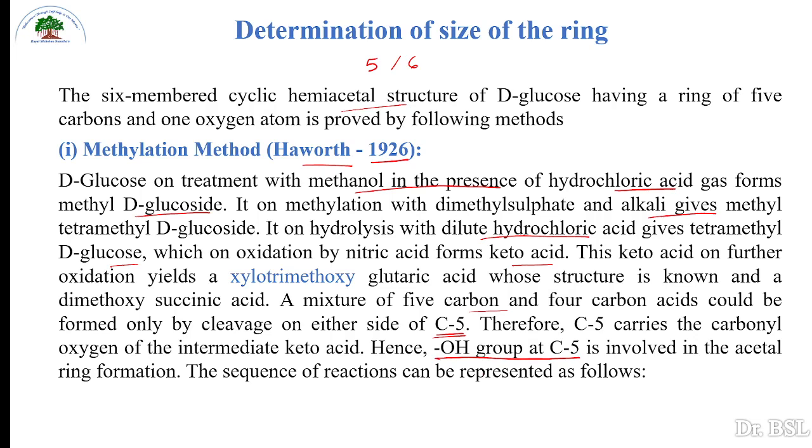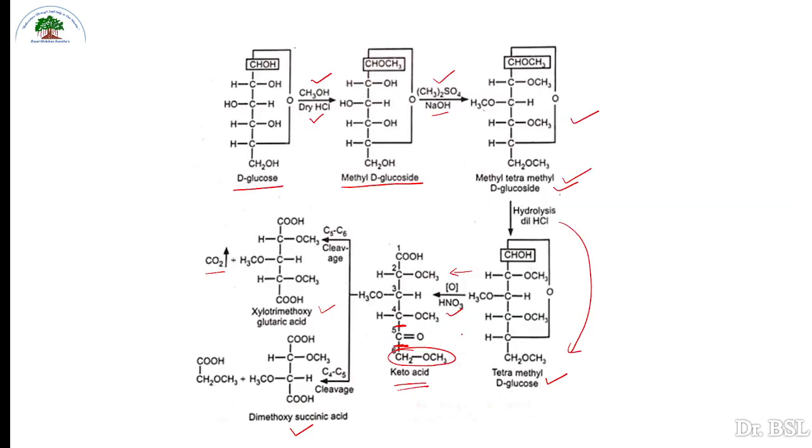The sequence of reaction is represented here, as these two products, xylotrimethoxyglutaric acid and dimethoxysuccinic acid, are formed by cleavage on either side of this carbonyl, this side and this side. So this indicates that C5 is the carbon which is involved in hemiacetal formation.